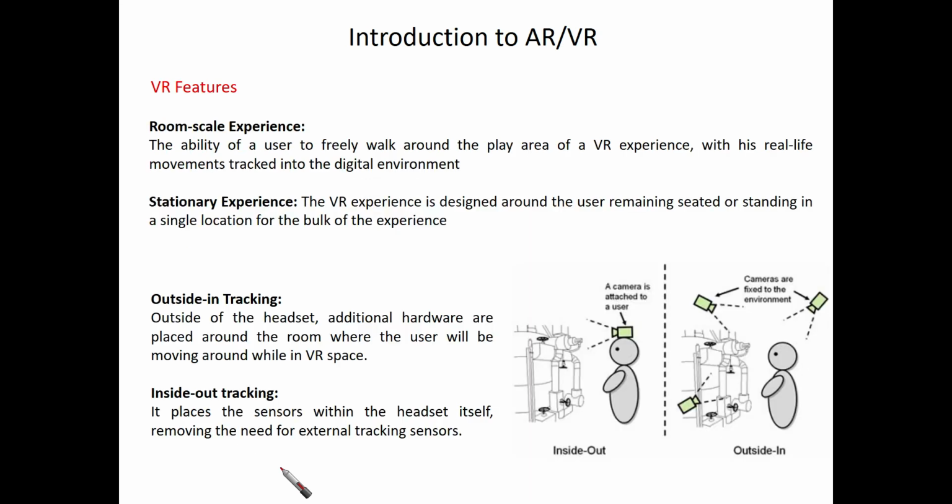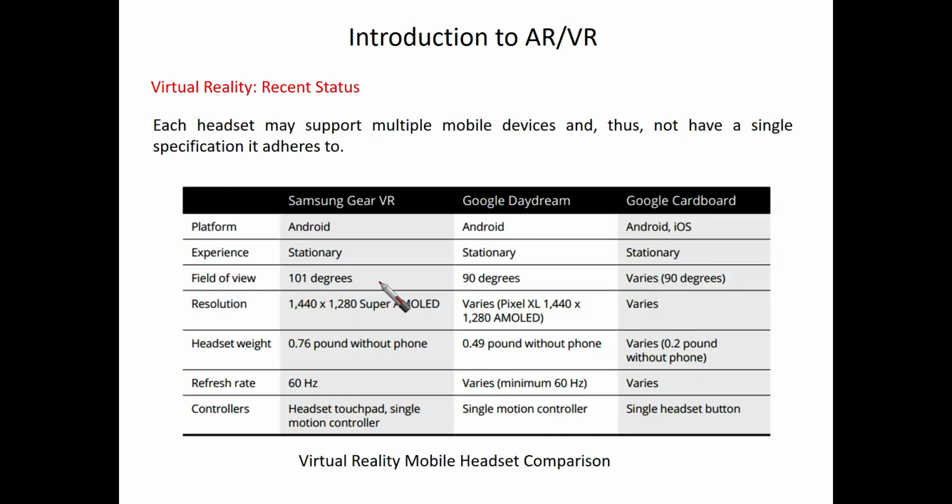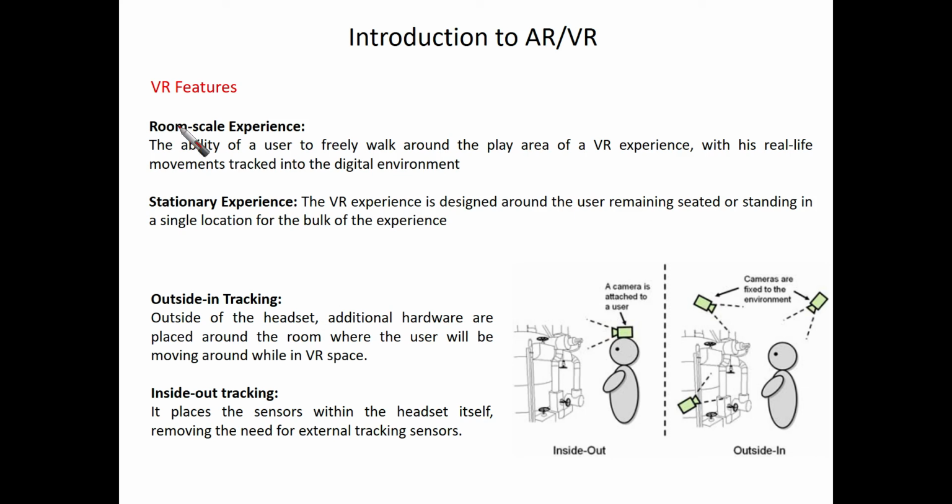Now let's see some features. Let's say VR features. We saw some of these kinds of things, for example, whether your experience is stationary or room scale. Let's explain this terminology. So room scale experiences, we say in VR features, one is room scale experiences. What does it mean? It means that when you are taking a VR headset and you are a user, you can freely walk around your room.